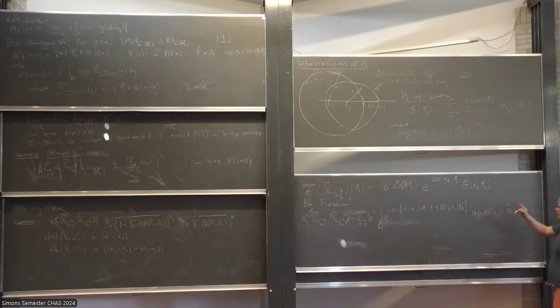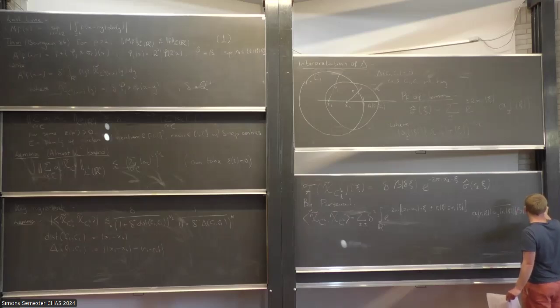And then there's a lot going on here. Then I have this beta function. Okay, that's it. Right. Okay. So that's just plugging in the formula to Parseval's formula.